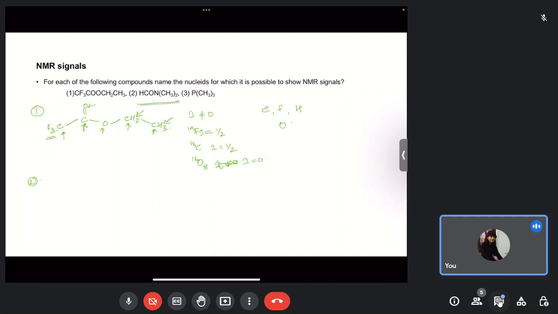So why don't you tell it for this particular system? It is HCON(CH3)2. In this particular case, which nuclides will show NMR signals? Will proton show a signal here?